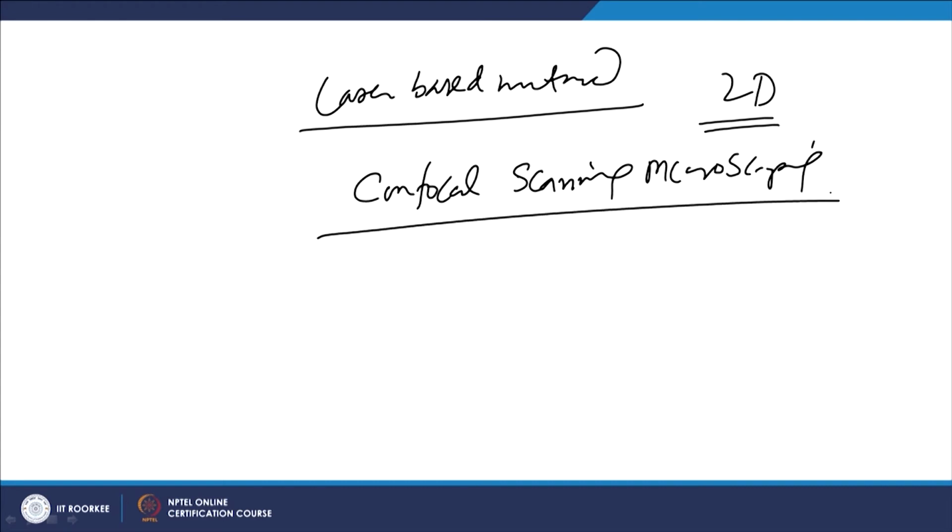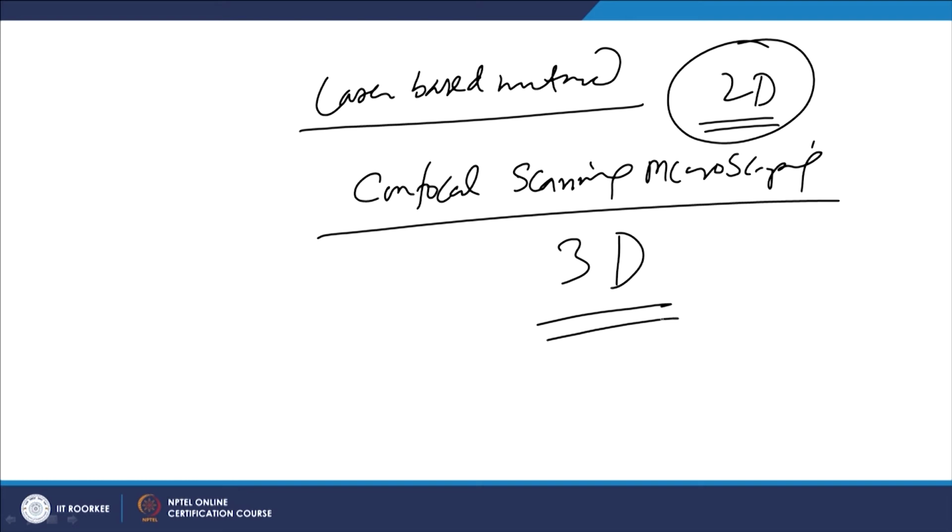This is also a laser based method, but instead of the two dimensional variation of the ups and downs present at the surface, this equipment gives us a three dimensional variation or three dimensional pattern of the ups and downs present at the surface. But the most commonly used method of measuring the surface roughness is the stylus based method.